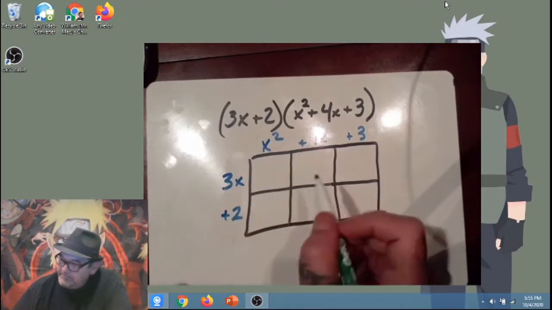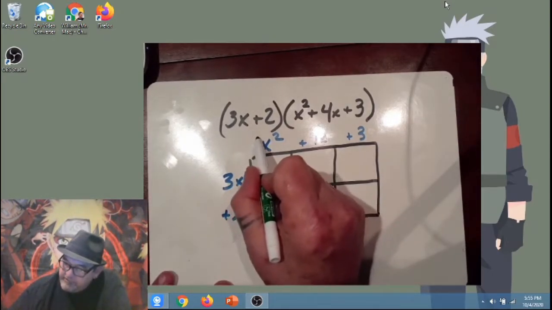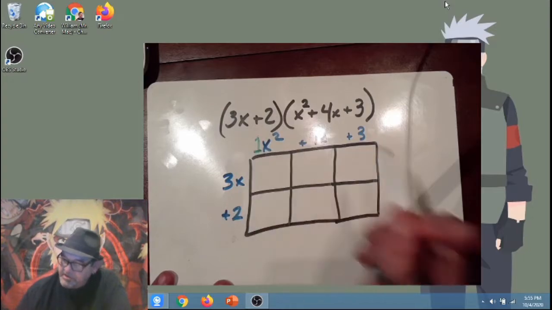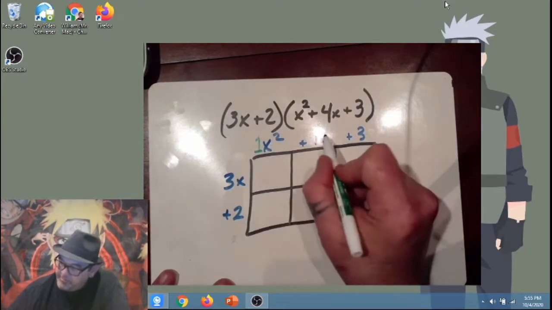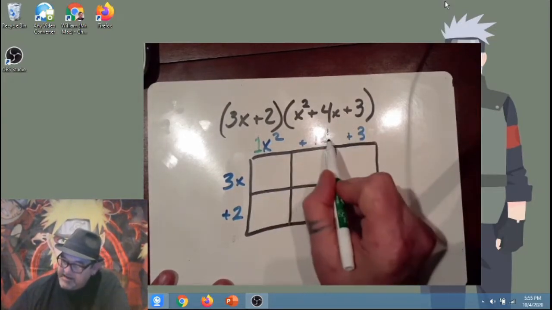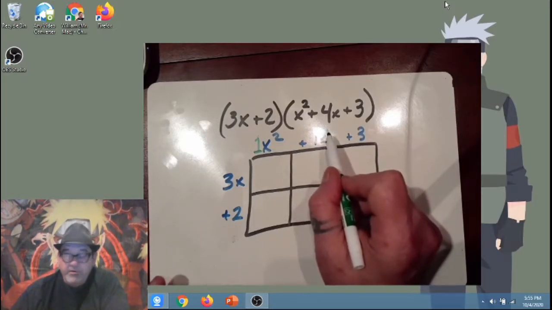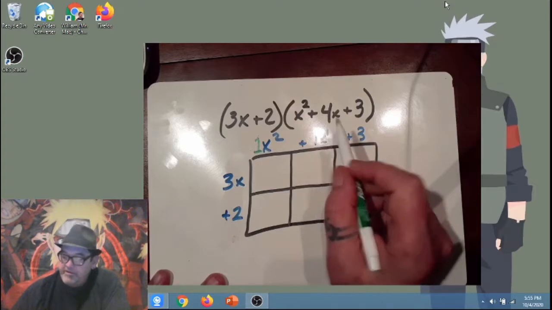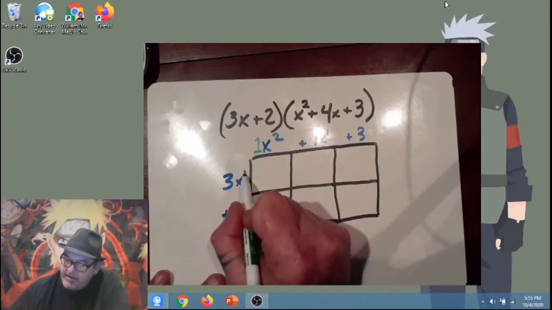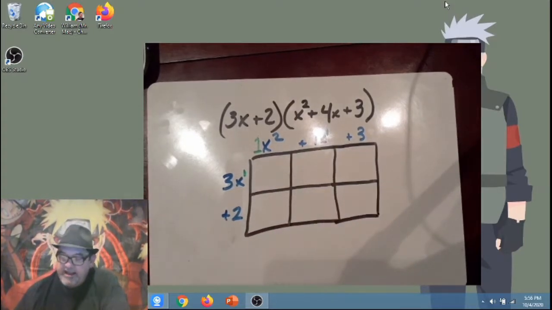First off, I'm going to put a 1 in front of this x because there's always an understood 1 there. I'm going to put a 1 above this as an exponent because remember, if there's a variable that has no exponent, there's really an understood 1 there. And the same thing here. So that'll help with our multiplying and adding.